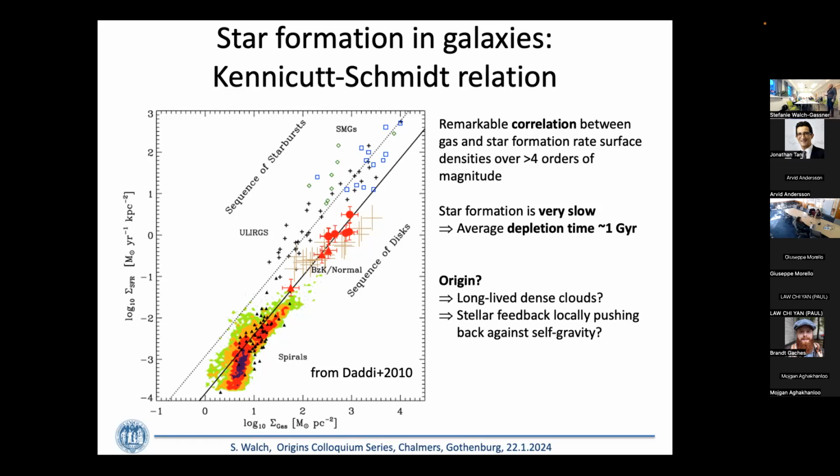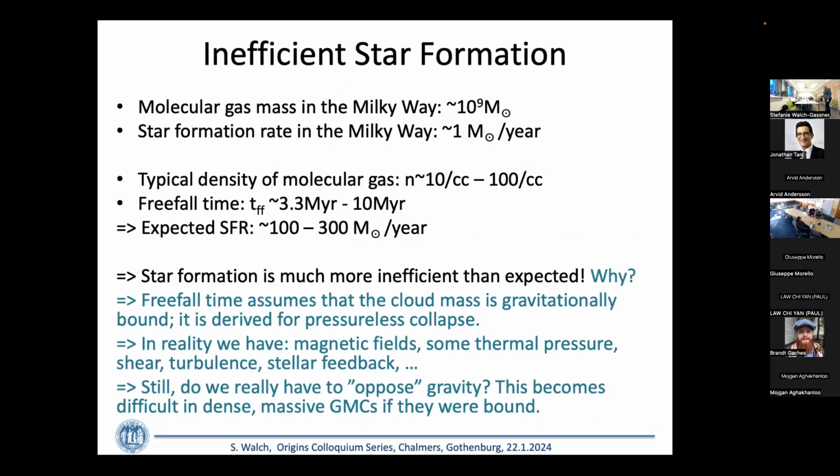This has been discussed a lot by Mouschovias, for example, in the 80s and so on. But it's difficult to say how important magnetic fields are. We'll come to this a little bit. And then, it could also be that clouds are not in a state of equilibrium, but that they form quickly, and they're also forming stars quickly and are dispersed quickly, as maybe stellar feedback is locally pushing back against self-gravity.